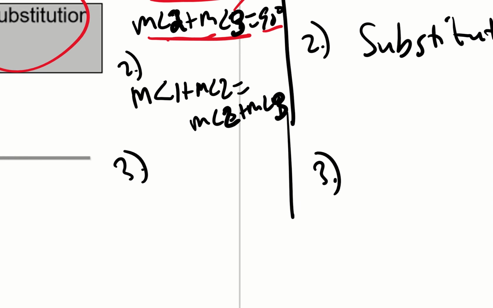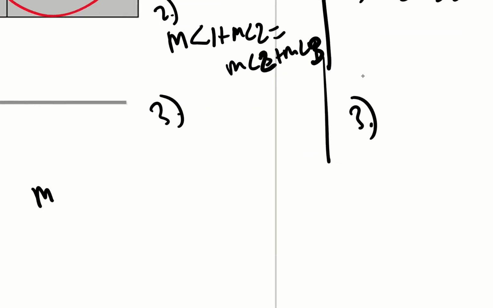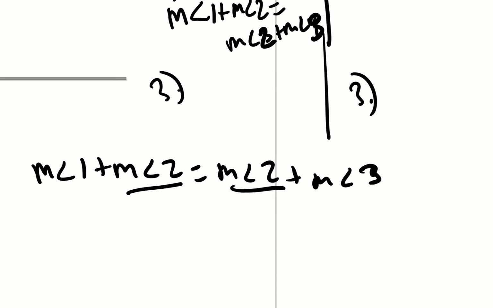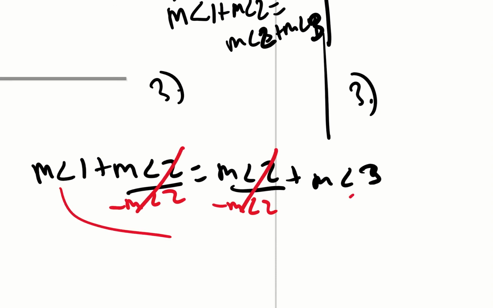And so now notice if we just examine that equation for a second, notice that we have two things that are the same. So if we were to subtract those on both sides, then they would cancel. And that would leave us with those two are equal to each other.